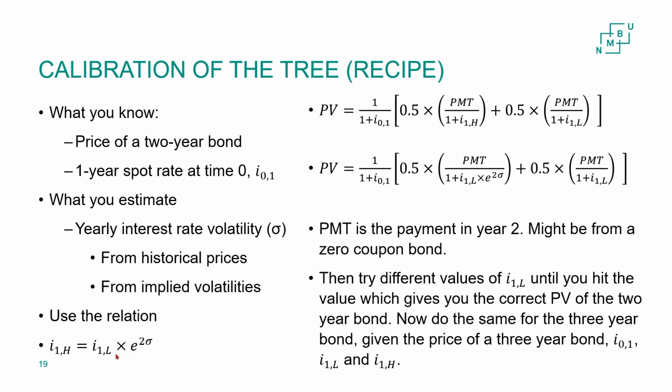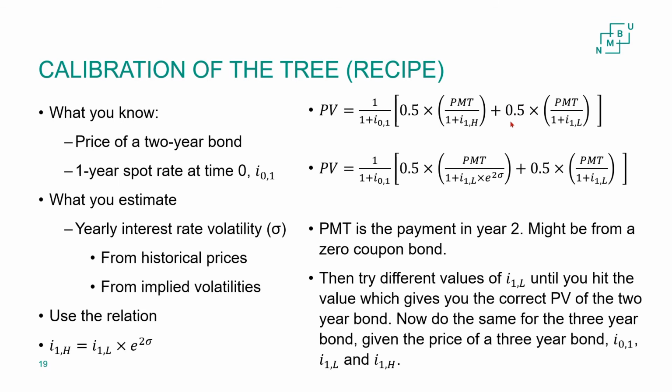And this holds for any node, that the high node is equal to the low node times a scaling factor, okay? Which means that you can assume in the log normal model in our framework that the probability of an up move is 0.5 and the probability of a down move is 0.5, okay.